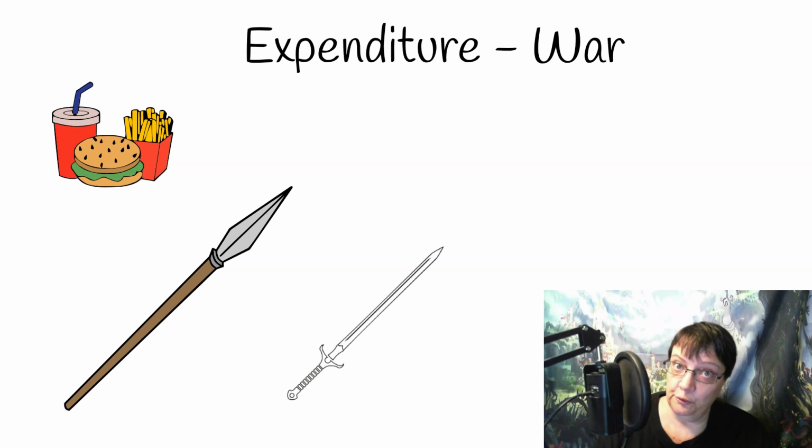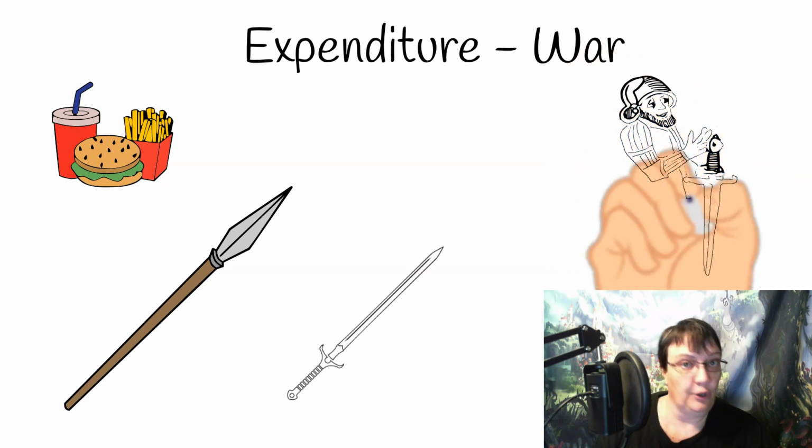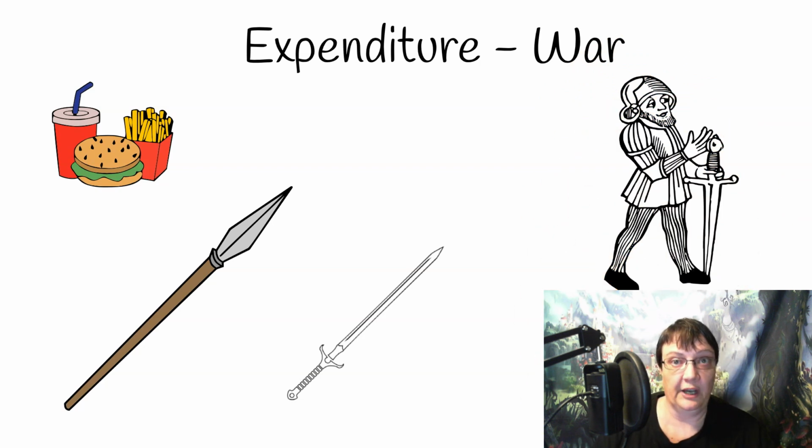If you lose, you have to pay reparations to the winner, and your city gets looted, so you might very well lose a great deal of wealth in the looting. Or your population gets taken as slaves, so you might lose the population to maintain the farms to have agriculture running. And then, of course, you could be taken hostage, and then you need to pay for that hostage taking.